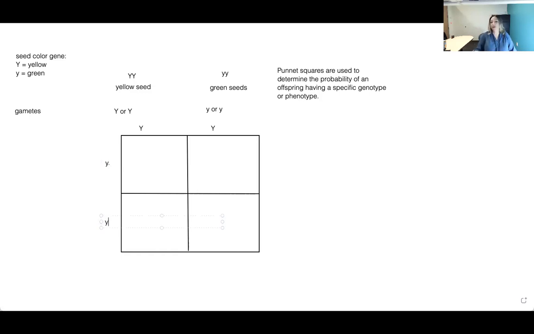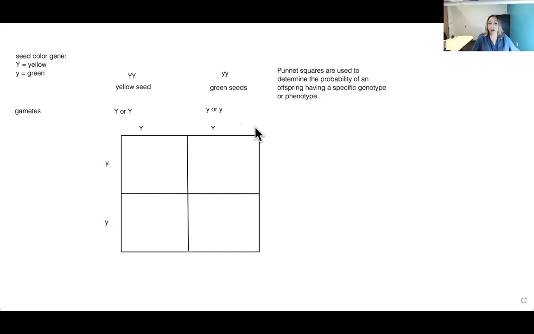Now notice that I am only putting a single Y per box, right? A single Y for the box on top, single Y for the other box, and then single Ys down the side. I'm not putting big Y for one box because these represent the gametes.